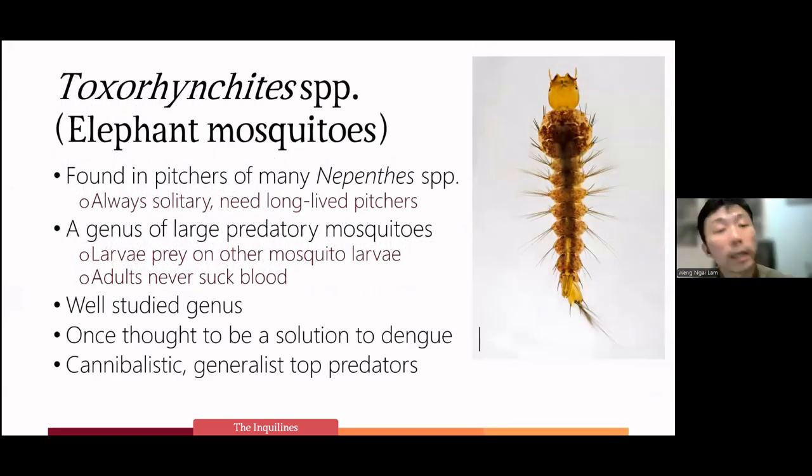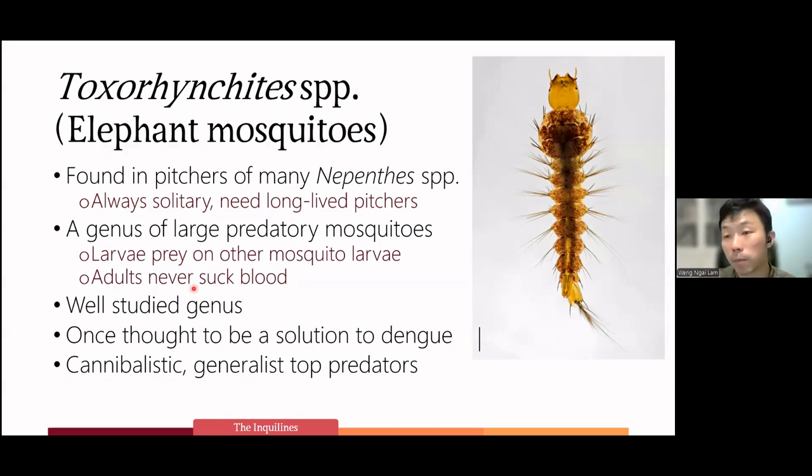Let's start with Toxorhynchites. These are the elephant mosquitoes. There are many species globally. Not all are found in pitcher plants, but in the Nepenthes species, there are a number of obligate mutualist species. They're almost always solitary because they are cannibalistic. The largest larva will eat its siblings, as well as a lot of other things in the pitchers.